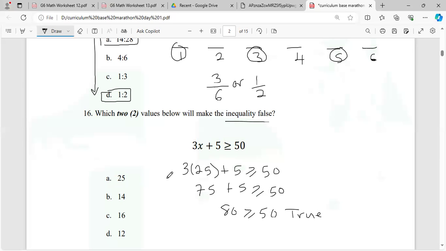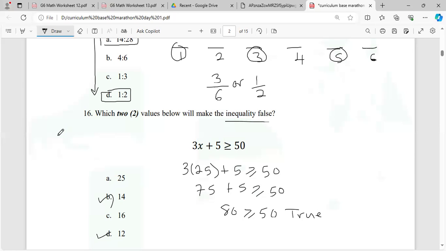So my answer would be B. B is one of them, and D as well. Most likely the two smallest numbers. But we're still going to work them through so everybody gets an idea and a full understanding.